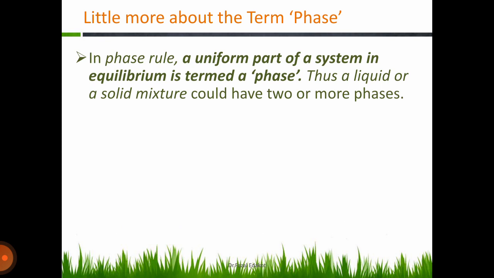If you take the liquid part, it's uniform, it contains the same substance, and it has the same physical form. A uniform part of the system in equilibrium is termed a phase. Thus, a liquid or a solid mixture could have two or more phases.